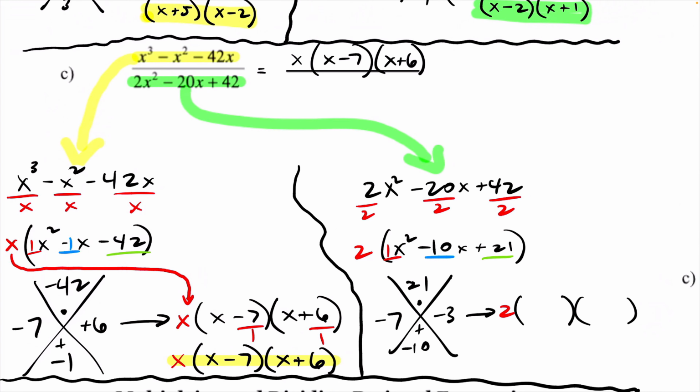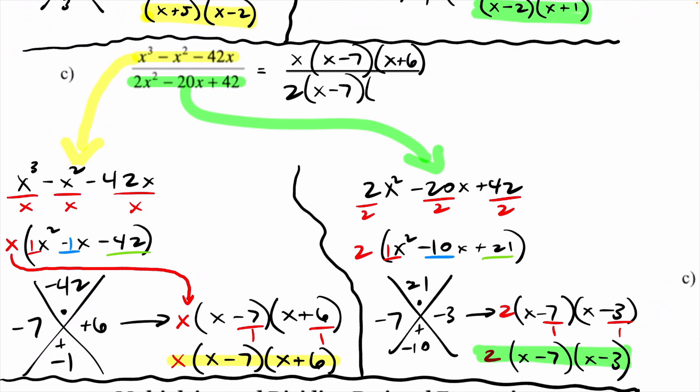That goes in front. And I got x minus 7 and x minus 3. Divide by a. So I get x minus 7 and x minus 3. So that's going to replace the green. 2, x minus 7 and x minus 3.